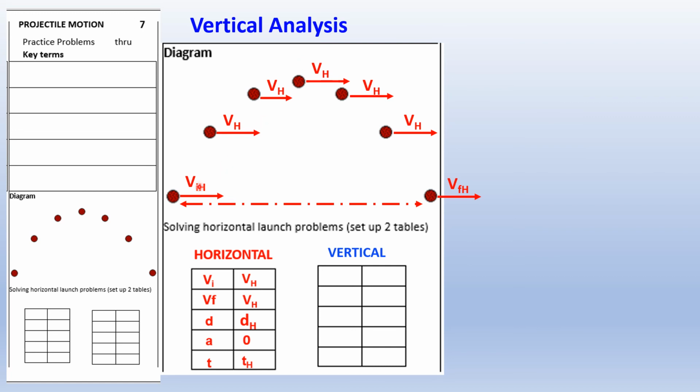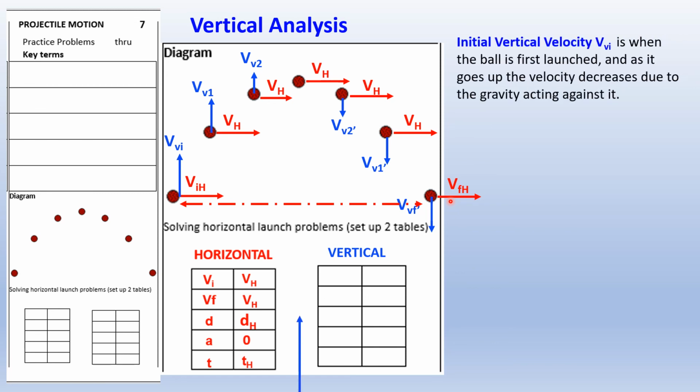Vertical analysis of a projectile motion. The initial vertical velocity, VVI, is when the ball is first launched, and as it goes up, the velocity decelerates due to the gravity acting against it, and it stops, and now it starts to accelerate and land at ground level.